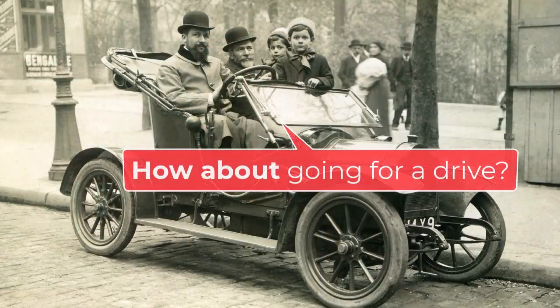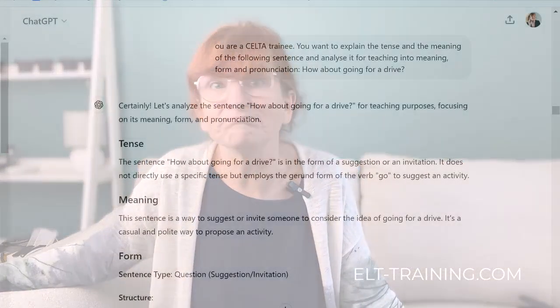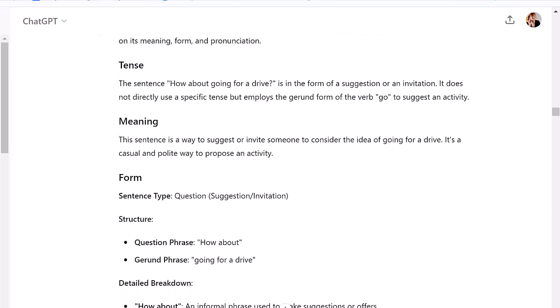These functional exponents, as they're called, are often phrases, so they're less easy to look up in a dictionary or a grammar book, and AI can be really helpful here. I gave ChatGPT and Gemini the task of analysing how about going for a drive, and this is what I got. Mostly pretty useful.